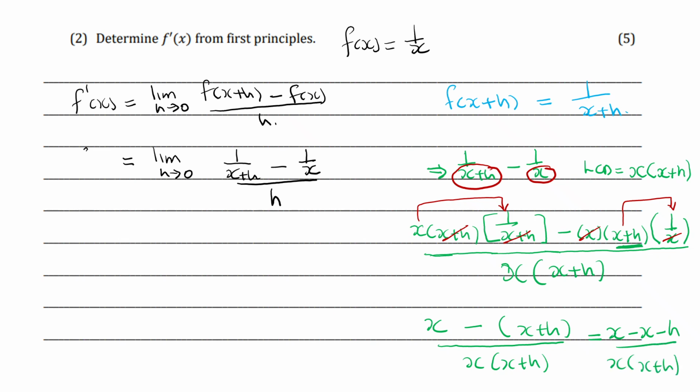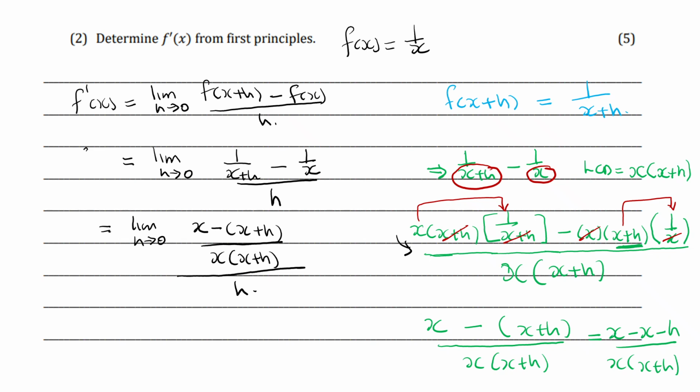Right. So now I think this will work best if we just do all the substitution after this step. So it's best if we say this is the limit as h approaches 0, and then we have x minus x plus h, and everything is divided by our LCD, which is x into x plus h. And now remember, everything is also divided by h.